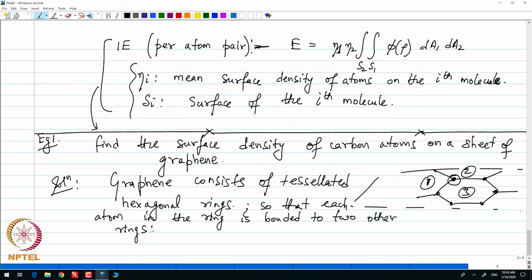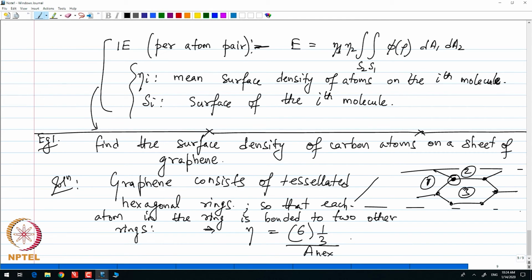which means that my atomic density eta will be 6 atoms times 1/3, because shared by 3 different rings, divided by the surface of one ring, let us say A hex or A hexagonal.